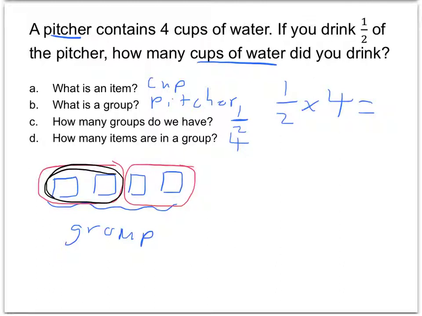Well, that piece consists of 2 cups of water, and so 1/2 times 4 is equal to 2. So there's my answer. 1/2 times 4 equals 2. We came to that answer by just using the definition of fractions, the definition of multiplication, and just reasoning through it.